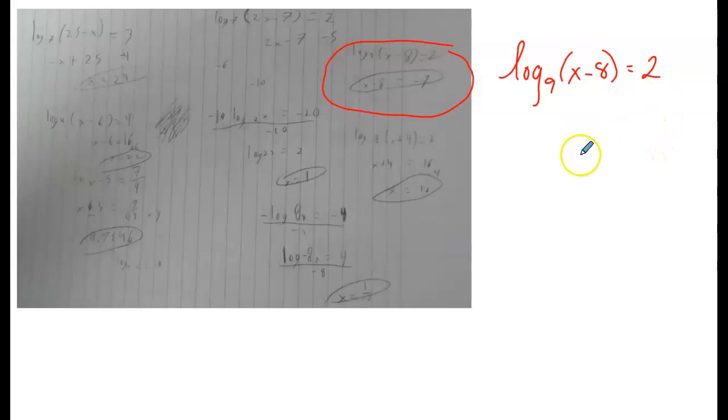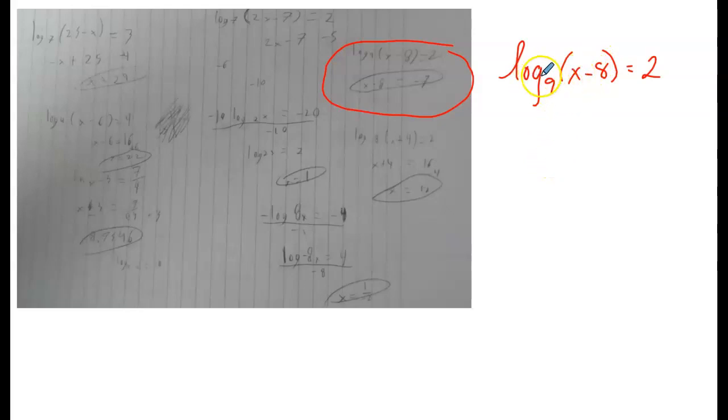Okay, that will bring us to this problem, which is a log base 9 of the quantity x minus 8 equal to 2. And again, it looks like you tried to subtract 9 from both sides and ended up with this -7, but that's not how you undo a log. The inverse of a log is an exponential.